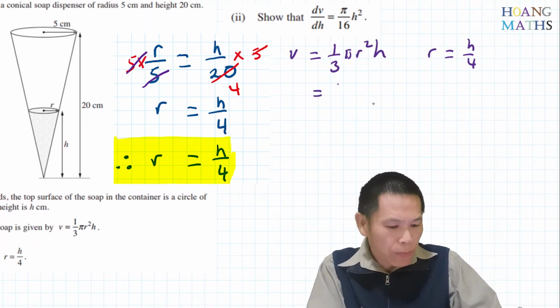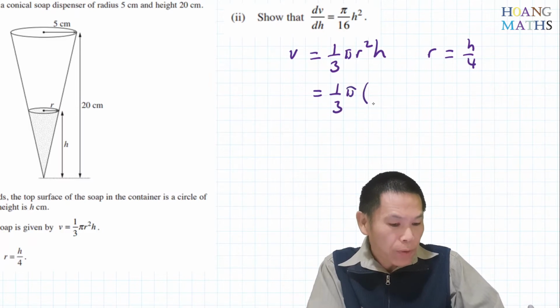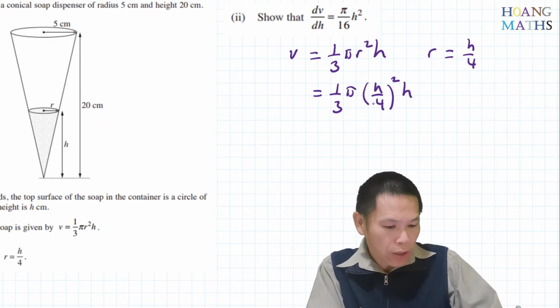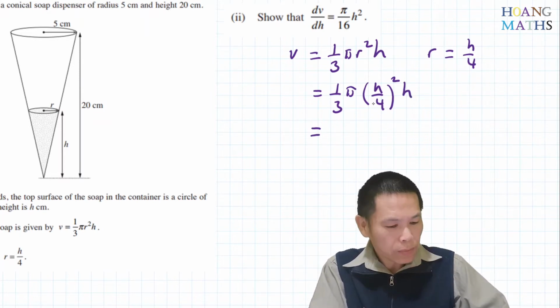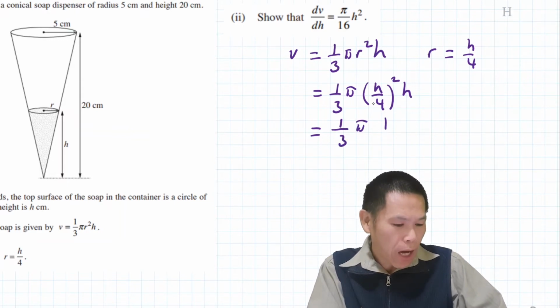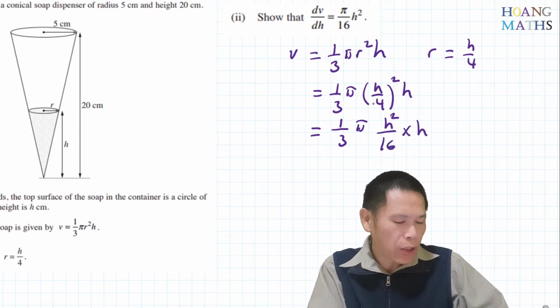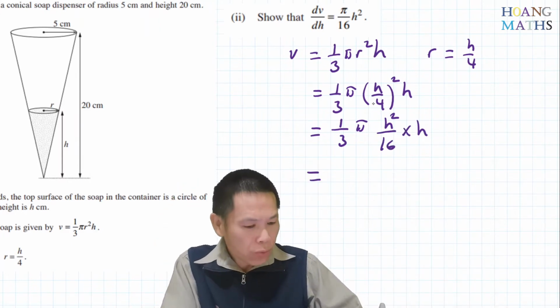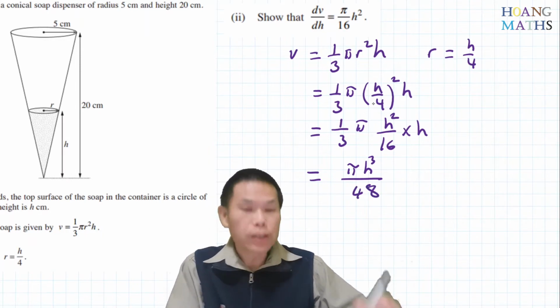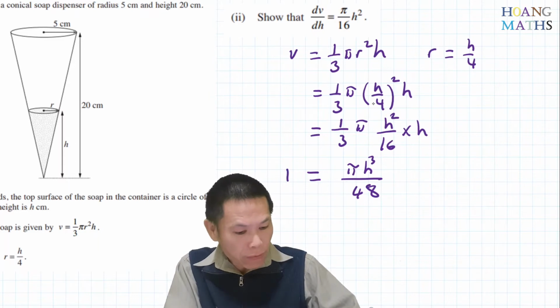So pi, and then this is (h over 4) squared and h. If I simplify this, that is the same as 1 over 3 pi h squared over 16 times h, which is equal to pi h cubed over 3 times 16, which is 48. This is the volume, so I just write V equals.